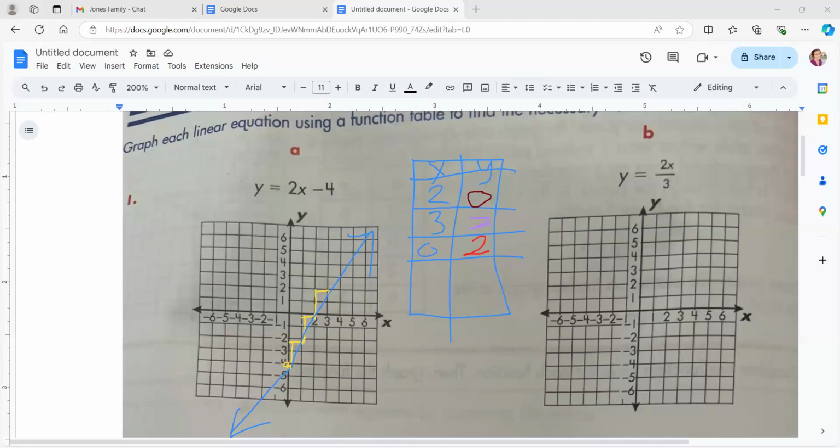Nope, try that one again. So 2 times 0, take away 4. So what's 2 times 0? 0. What's 0 take away 4? No, I mean, -4. Yeah, so change your answer to -4.